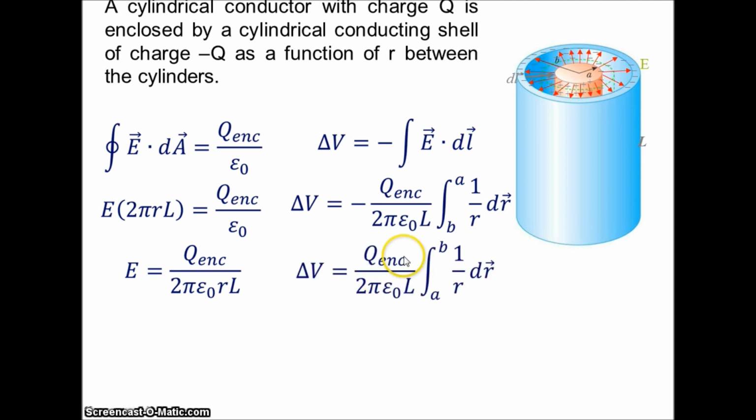So notice I reversed the integration limits to get rid of the negative sign. And so I get natural log of r, plug in b and plug in a, so it's going to be natural log of b minus natural log of a, and using properties of logs, that'd be natural log of b over a. So that's the potential between those two nested cylinders.